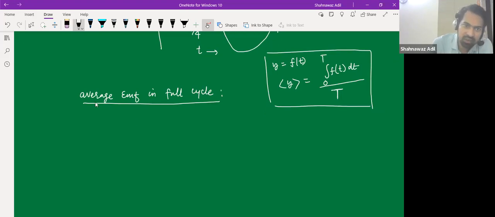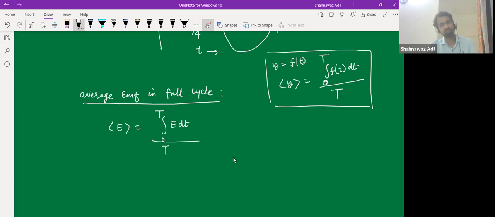Similarly, when we calculate the average in a full cycle from 0 to T, which is the full cycle, this was the integral from 0 to T of e dt divided by T. This is the definition of average, right, Saad? Understood? So this is your y.